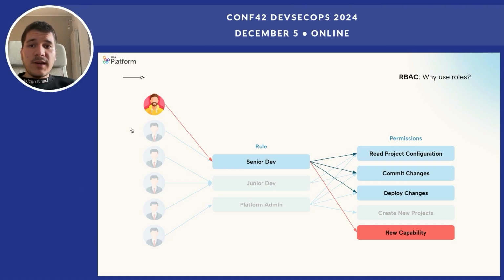One way to simplify this process is by categorizing users into roles. This way, we will only assign the user to a role and the permissions will be inherited directly from the role. This means that whenever we need to add a new user to the platform, for example, we just need to identify their role.